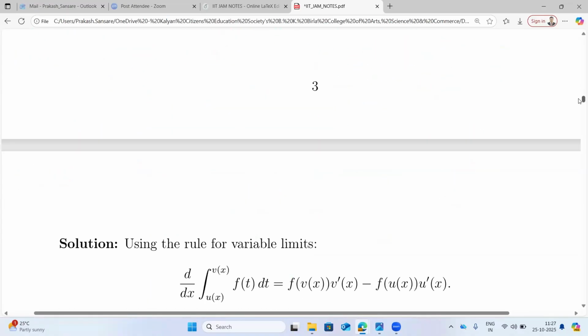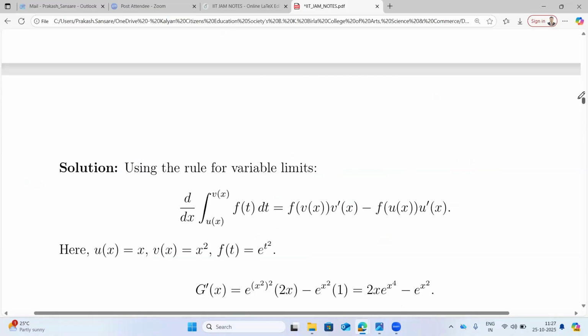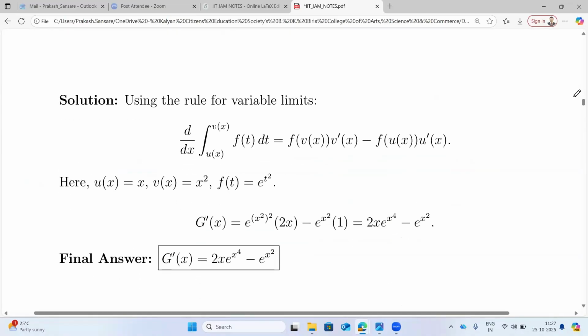You can see here, using the rule of variable limits, this is basically g, this is basically h, that doesn't matter. Here u of x is equal to x, v of x is x square, f of t is e to the power t square. So I have used the Leibniz rule here and we got this answer.